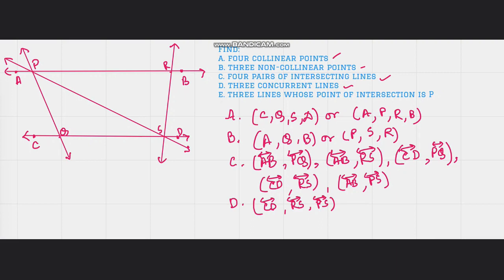Now the last question, 3 lines whose point of intersection is P. Can you tell me which lines intersect at P?